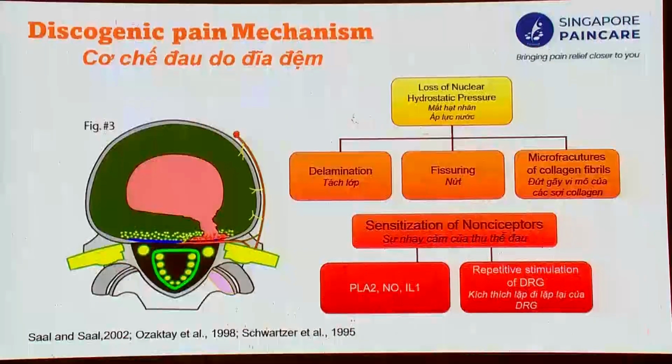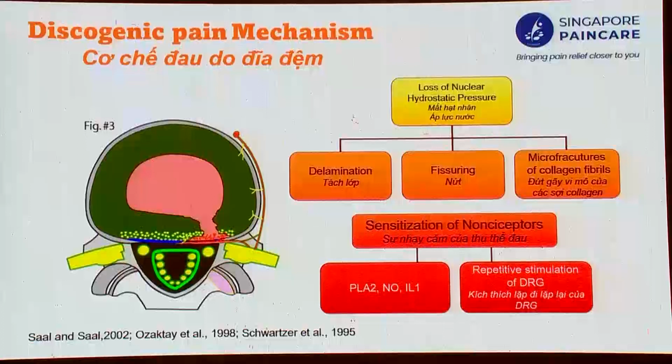There is a loss of nuclear hydrostatic pressure right at the top, and that results in delamination, fissuring, microfractures. But more importantly is the second part, whereby there is sensitization of nociceptors. After all those physiological changes, we see neovascularization and sensitization of the nociceptors, promoting prostaglandins, phospholipase A2, interleukin-1, and what we call repetitive stimulation of the dorsal root ganglion.